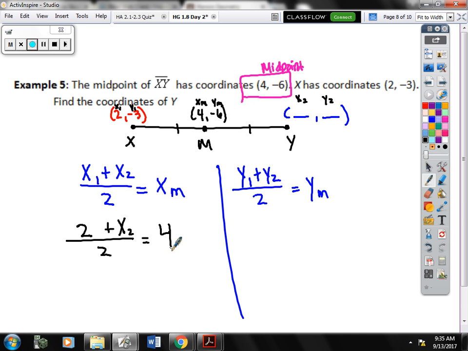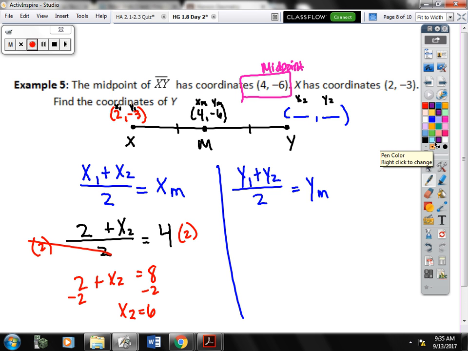We'll solve that. So undo division by 2 with multiplication by 2. Then undo addition of 2 with subtraction of 2. So we'll get that x sub 2 is 6. Same thing for the y's, but doing our y values.